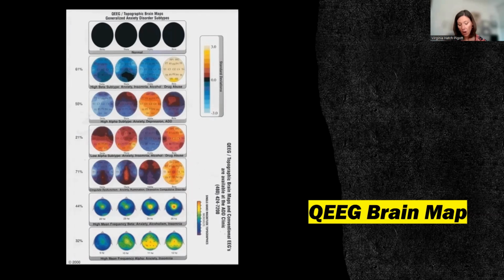So all functional imaging essentially looks at blood flow, which correlates with brain activity. And I will mention again here, there's a big difference in cost, accessibility, and utility. QEEG brain maps are less expensive, are more widely available, and can be used to develop treatment protocols and research.